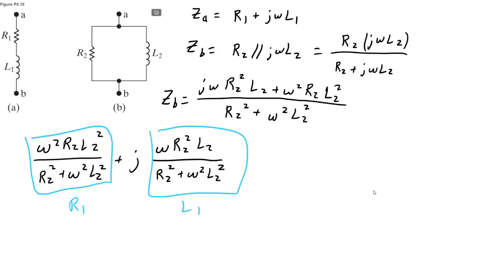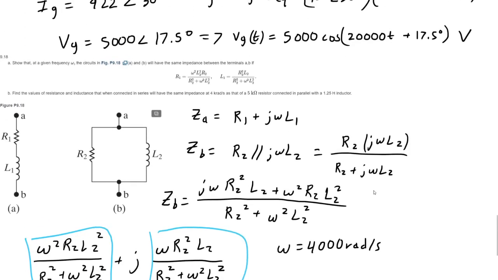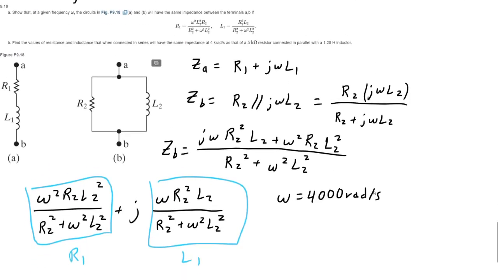So anyway, we're given an angular frequency of 4,000 radians per second. And let's see, the resistance, 5k ohms, that is our R2. And L2 is 1.25 henry.